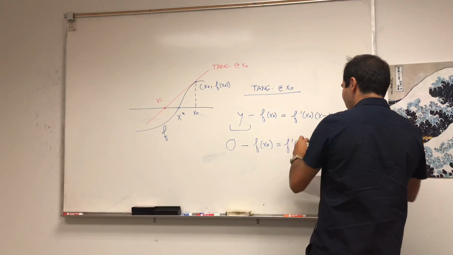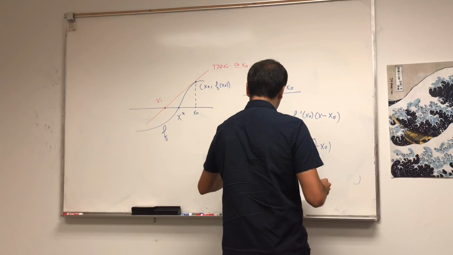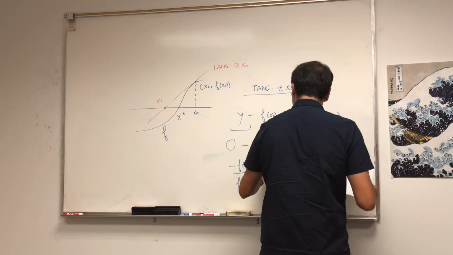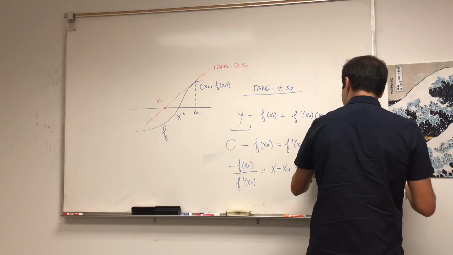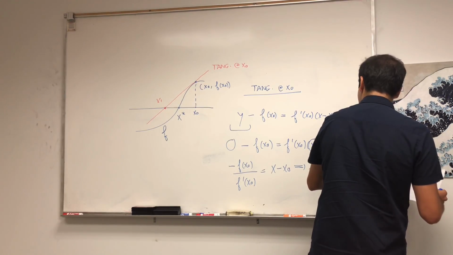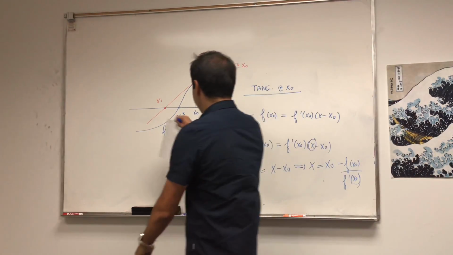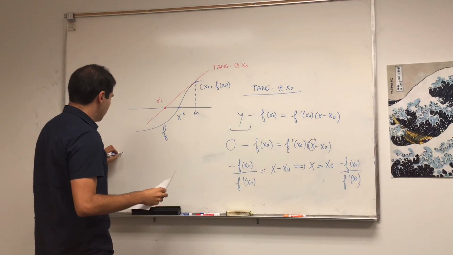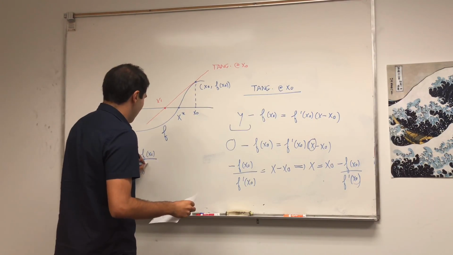Now let's solve for that, and we get minus f of x0, divide this by f prime of x0, assuming it's not 0, equals x minus x0. In particular, x equals x0 minus f of x0 divided by f prime of x0. So in other words, x1 is given by this formula: x1 is x0 minus f of x0 divided by f prime of x0.